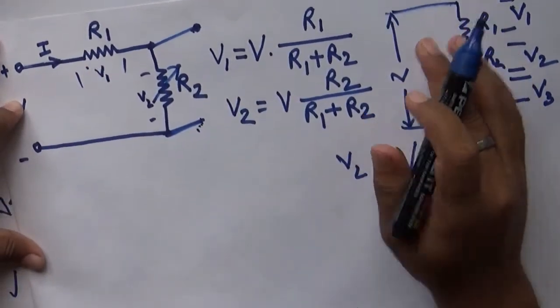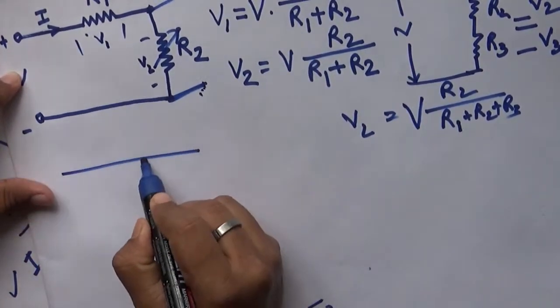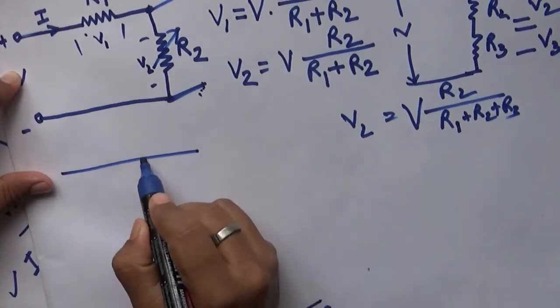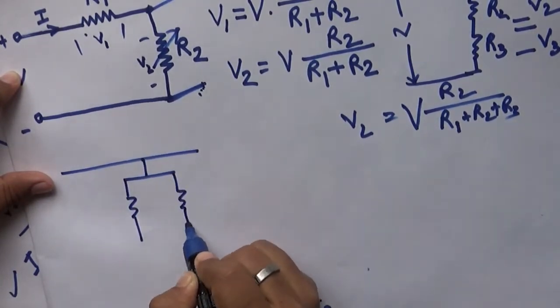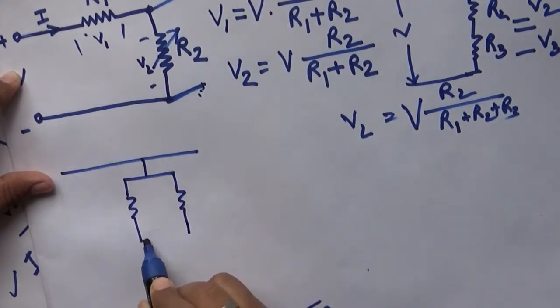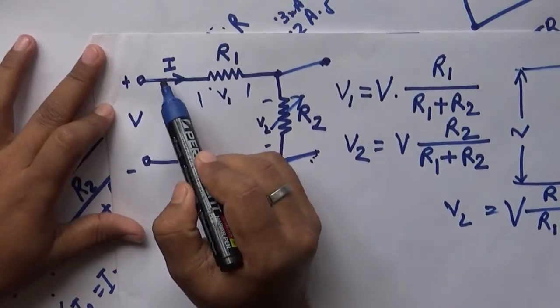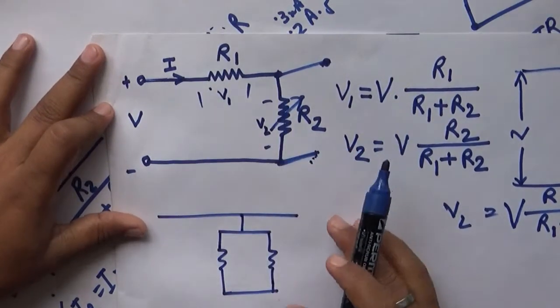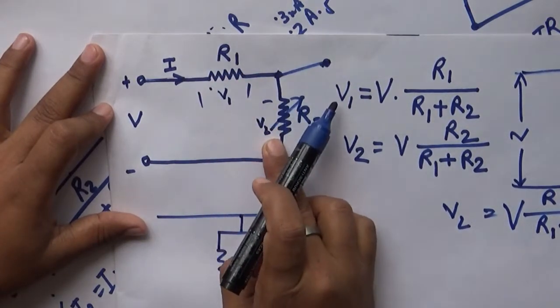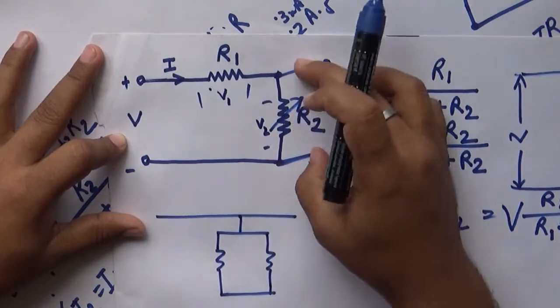This is the voltage division method, and there is a current division method also. If there is a supply voltage and a current I, it is not splitting here because current splits only in a parallel circuit. This is a series circuit. In a series circuit voltage splits, and in a parallel circuit current splits.